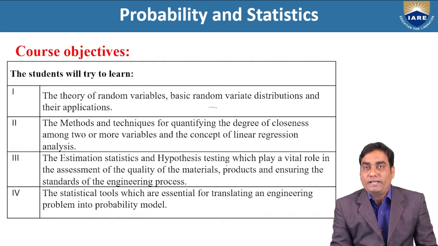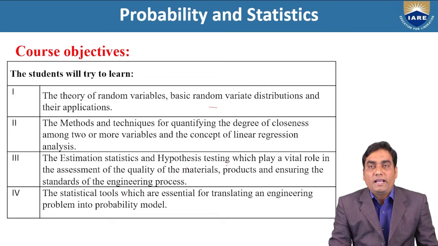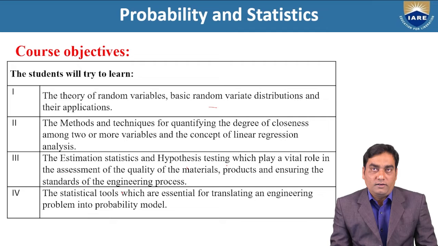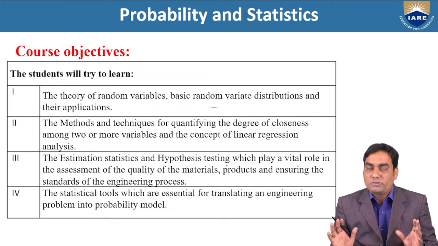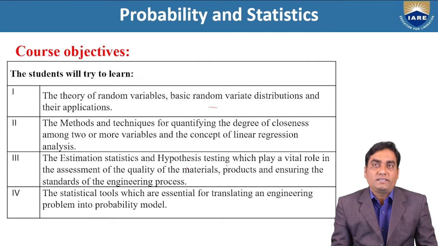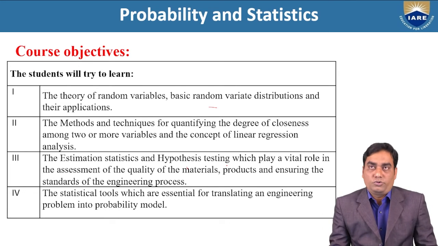This is very important. And the student will try to learn the statistical tools which are essential for translating an engineering problem into a probability model. So these are the main course objectives the students will try to learn. These course objectives are decided before starting the course.